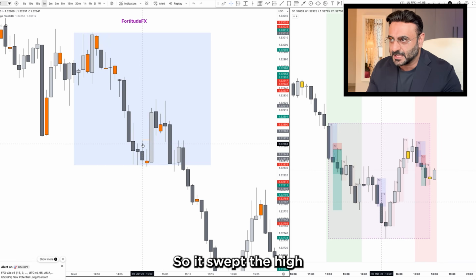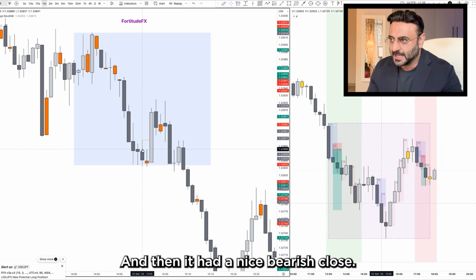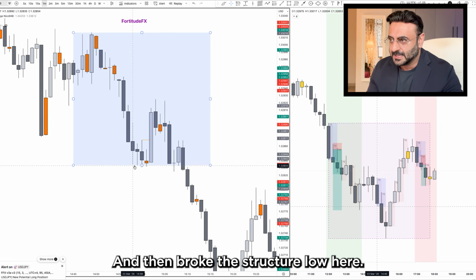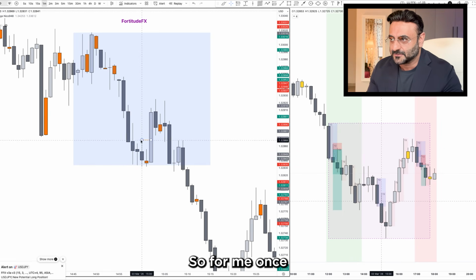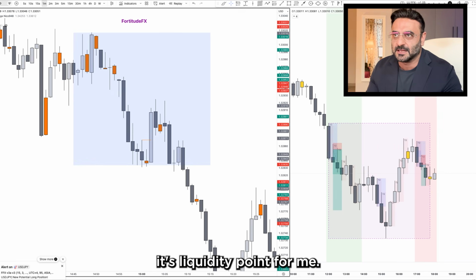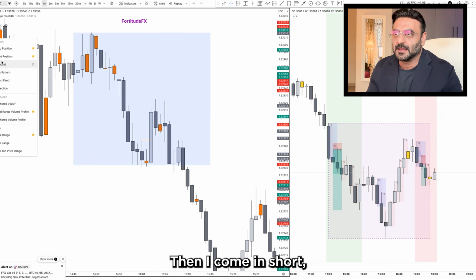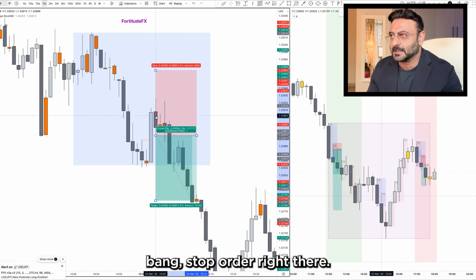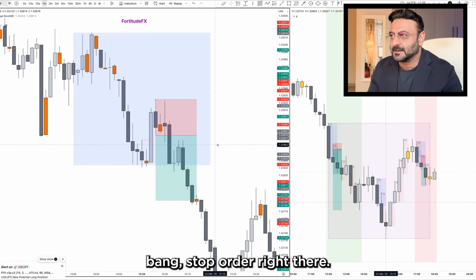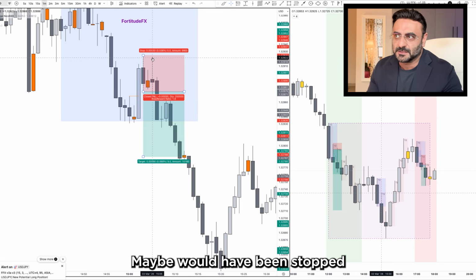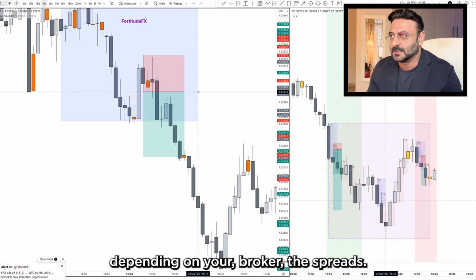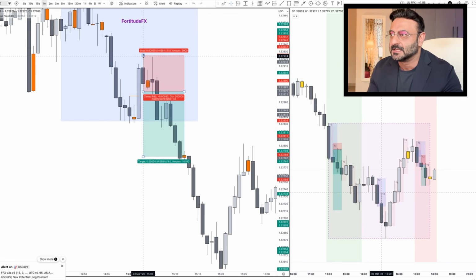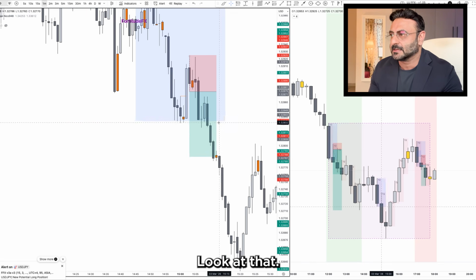So it swept the high of the previous candle, and then it had a nice bearish close, and it broke the structural low here. So for me, once this gets swept, it's a liquidity point. Then I come in short. Bang, stop order right there. Maybe you would have been stopped out over here depending on your broker, the spreads. And look at that.